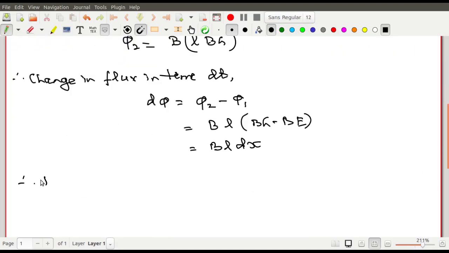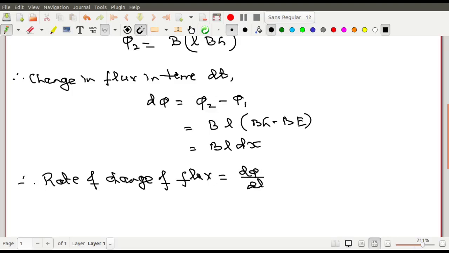So therefore, what is the rate of change of flux? Rate of change of flux is given by d phi by dt, and that's why it is BL into dx by dt, and you understand that dx by dt is nothing but the velocity of the movement.